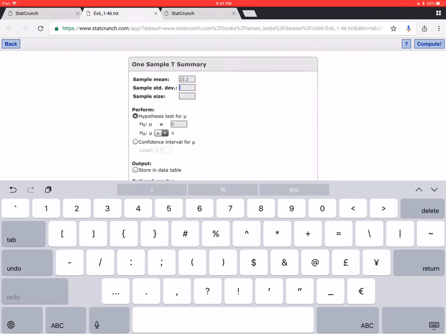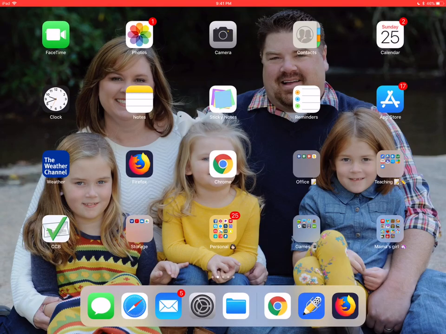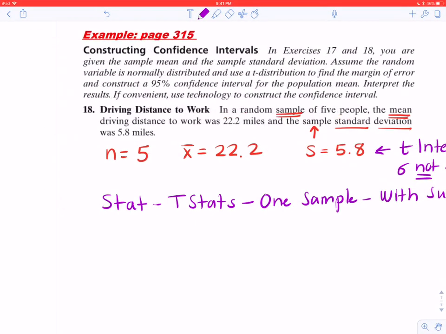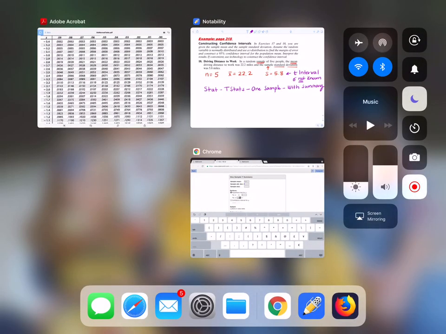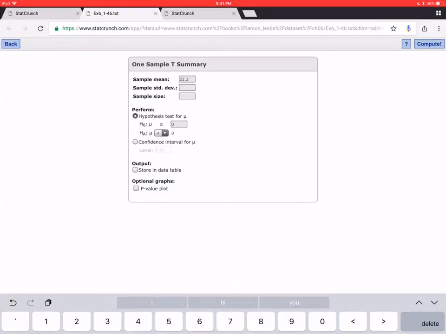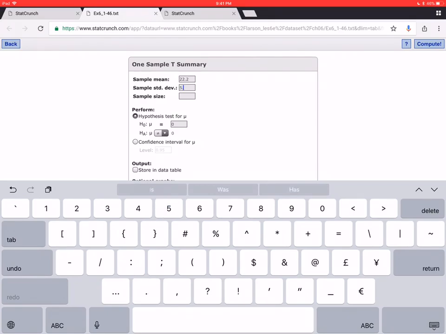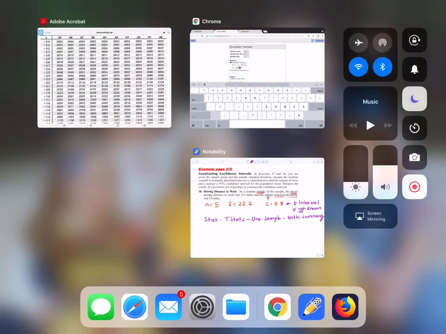Notice this will kind of remind you it says sample standard deviation. So you know it's not sigma, all right? It's just from the sample. That was 5.8. And then my sample size here was small. It was just 5. Now we've already said this is going to be using a T interval.